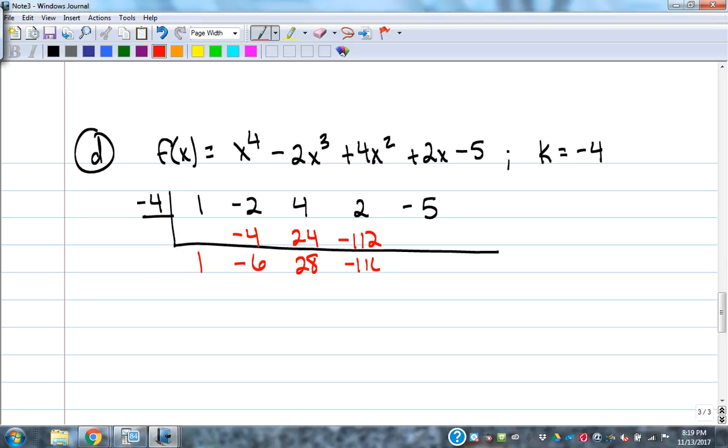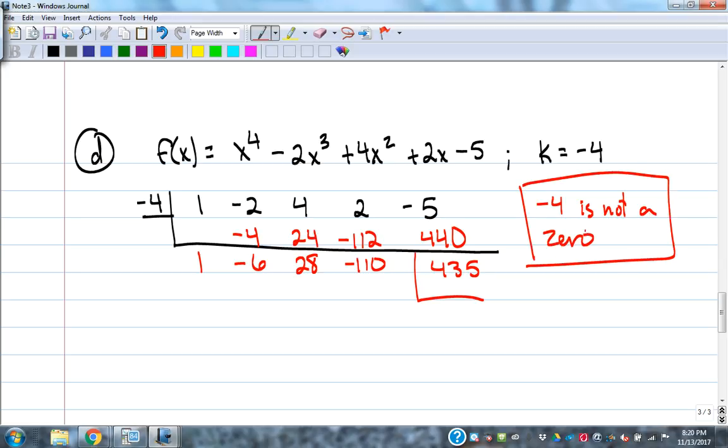And do that addition pretty easily. That number's a little easier, positive 440. My remainder, 435. Is negative 4 a 0 to that polynomial? No, negative 4 is not a 0.